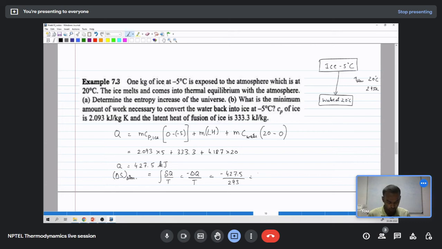So this becomes minus 1.459 kilojoule per Kelvin. Since the system has only 1 kg, it is kilojoule per Kelvin.